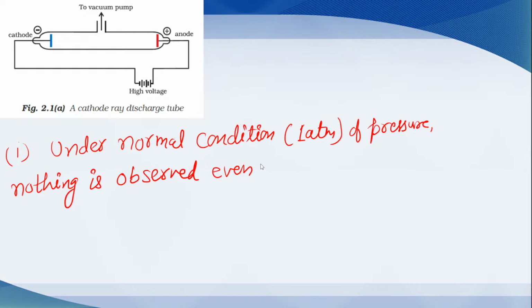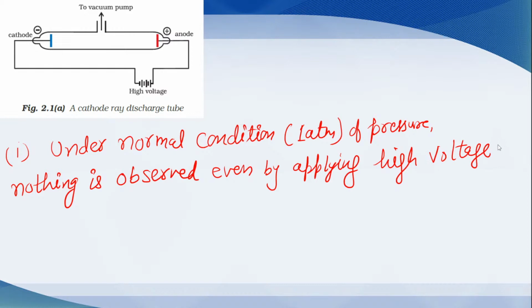Even by applying high voltage, of the order of 10,000 volt, nothing is observed. What does it mean? As pressure is normal, that is 1 atmosphere, nothing is observed even by applying high voltage of 10,000 volt.